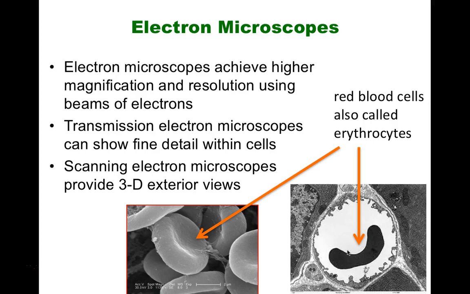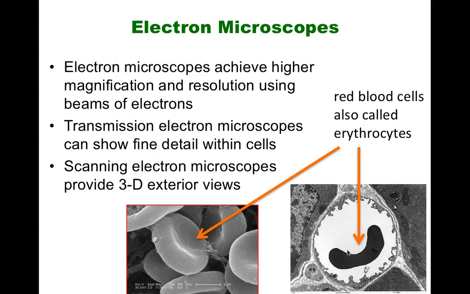A second type of electron microscope is the scanning electron microscope, which is illustrated in the bottom left photo. The scanning electron microscope takes a facsimile of the specimen, so there's a little bit of processing needed for the specimen for both types of electron microscopes. And with a scanning electron microscope, we're essentially revealing the structure by passing electrons over the surface.